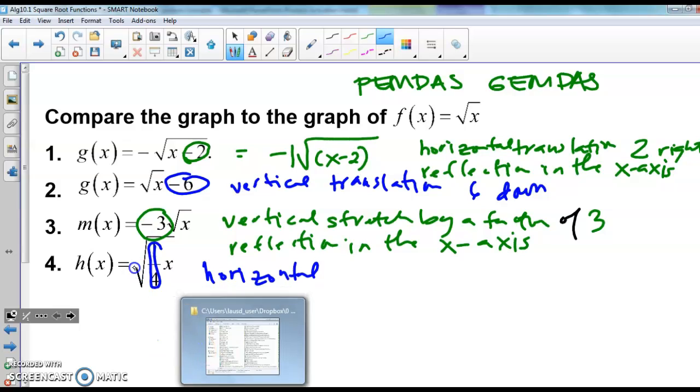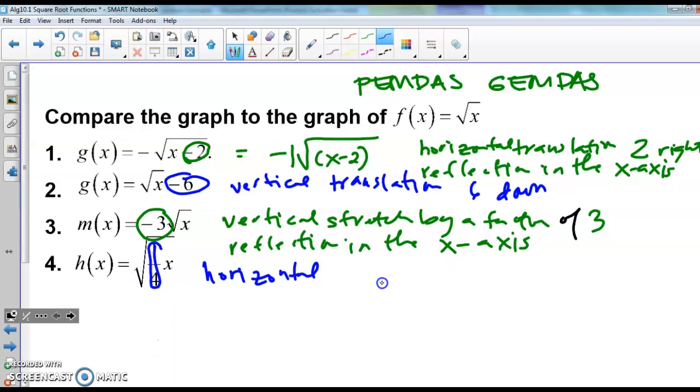Since this is being multiplied, instead of shrinking it, we say it's a horizontal stretch by a factor of, now you do the reciprocal. The reciprocal of 1 over 4 is 4. Those are just some examples on how to interpret transformations of square root functions.